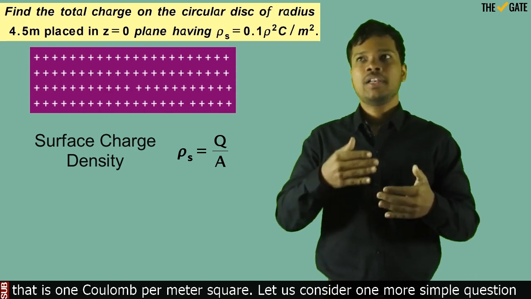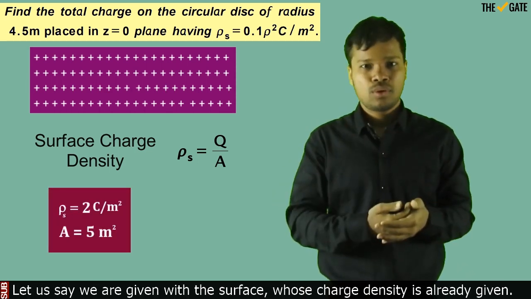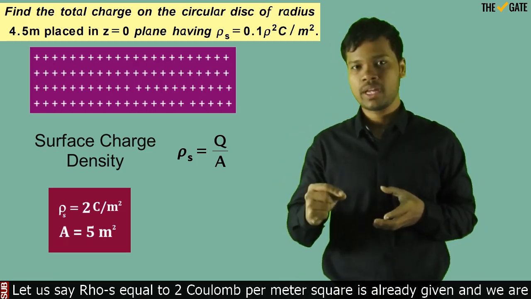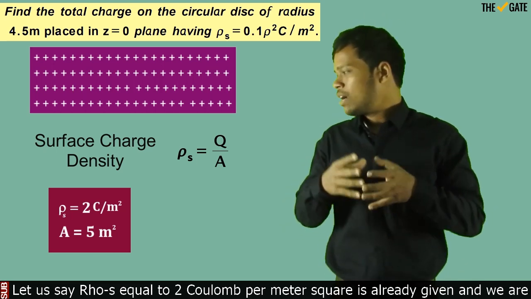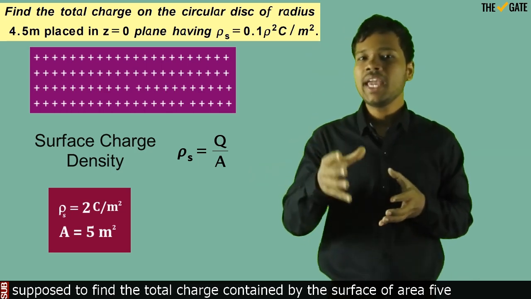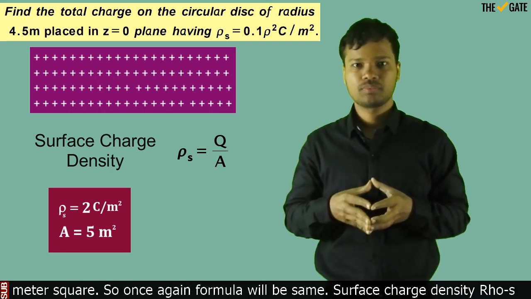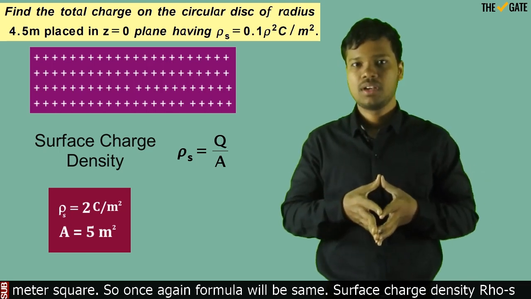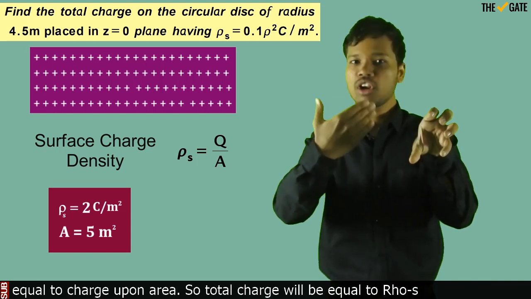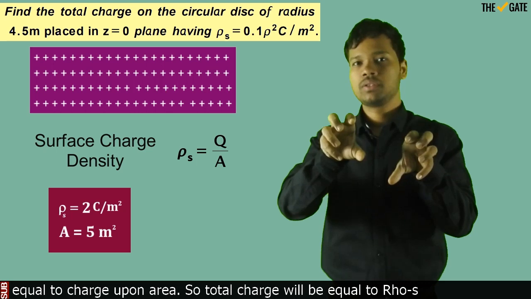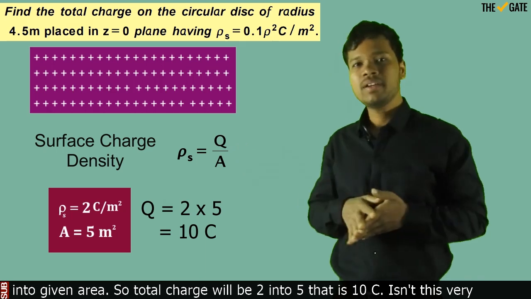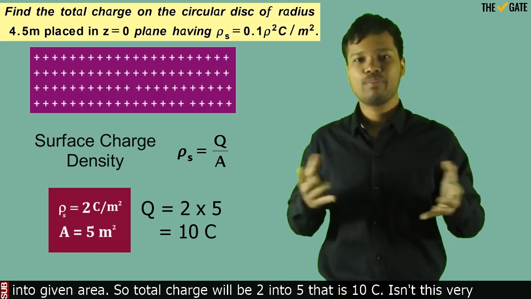Let us say we are given a surface whose charge density is already given, rho s equal to 2 coulomb per meter square, and we are supposed to find the total charge contained by the surface of area 5 meters square. Once again, the formula will be the same. Surface charge density rho s equal to charge upon area, so total charge will be equal to rho s into given area. So total charge will be 2 into 5, that is 10 coulomb.